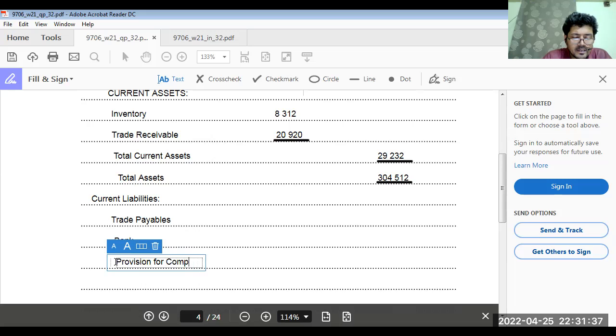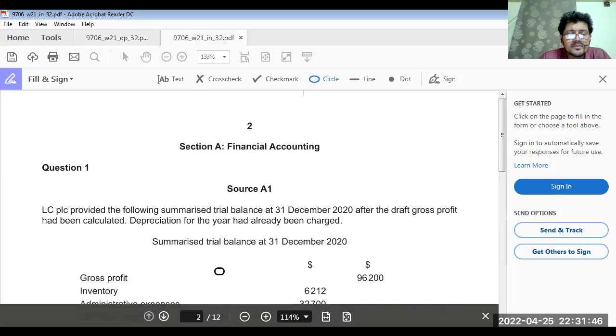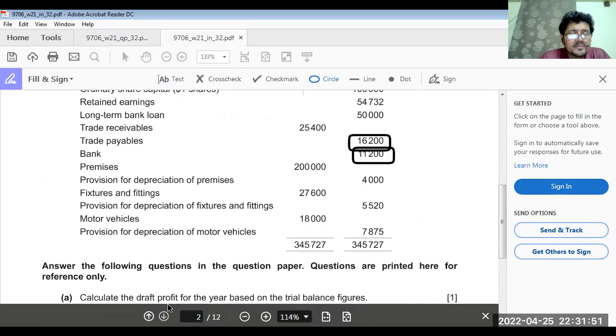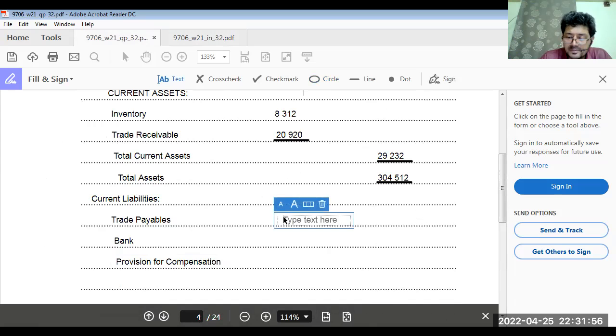Now trade payables we have how much? 16,200. Acha, bank is 11,580 and provision for compensation 5,000.